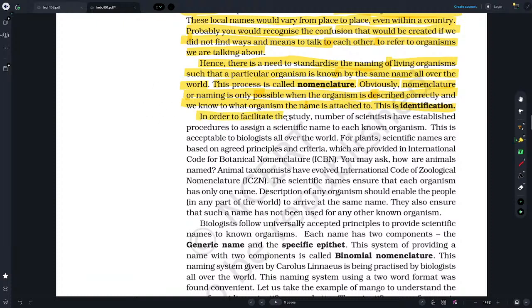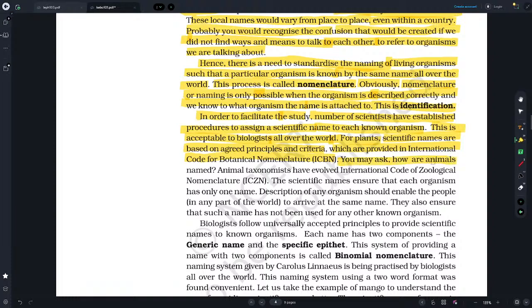In order to facilitate the study, a number of scientists have established procedures to assign a scientific name to each known organism. This is acceptable to biologists all over the world. For plants, scientific names are based on agreed principles and criteria, which are provided in the International Code for Botanical Nomenclature (ICBN).